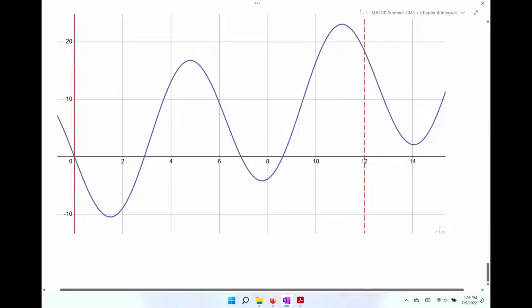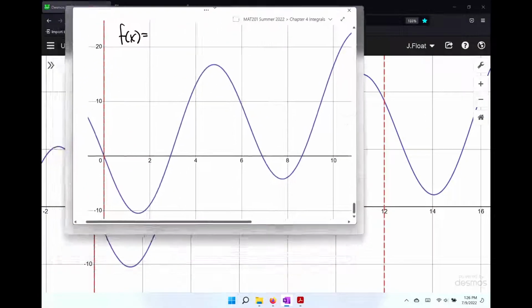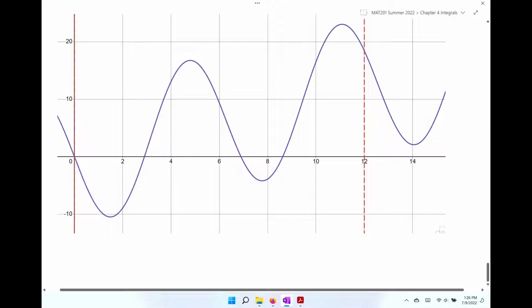All right. We wanted to find the area underneath the curve, and this is the integral of x minus 12 sine x dx. All right, so here's what's happening.